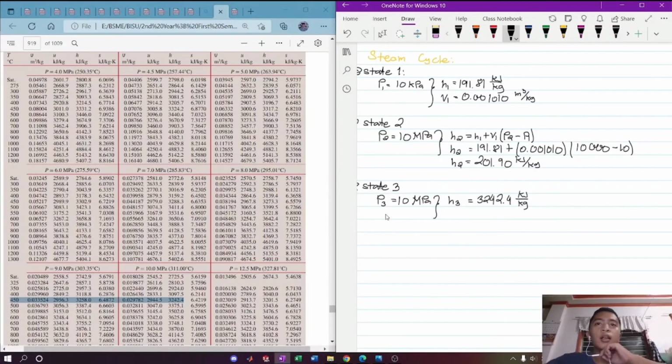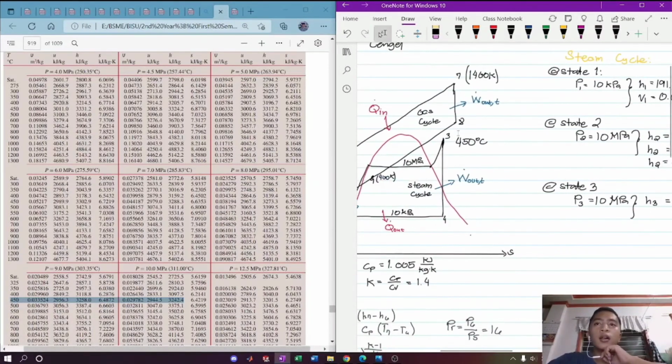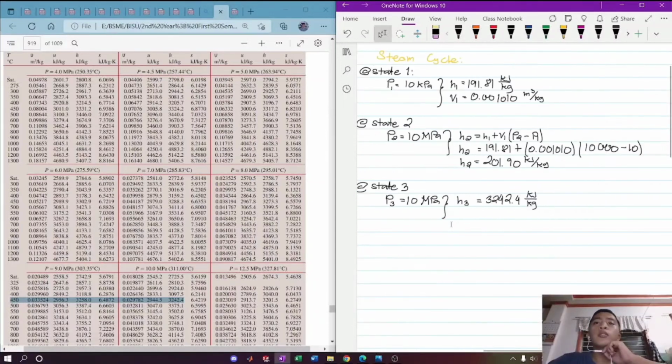We know that the entropy at state 3 is equal to the entropy at state 4, so S3 is equal to S4. Our S3 is 6.4219 kilojoules per kilogram Kelvin.